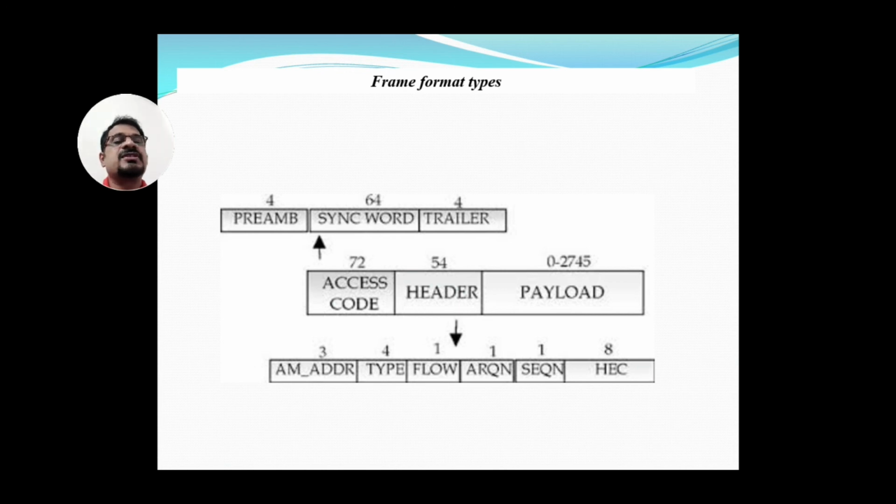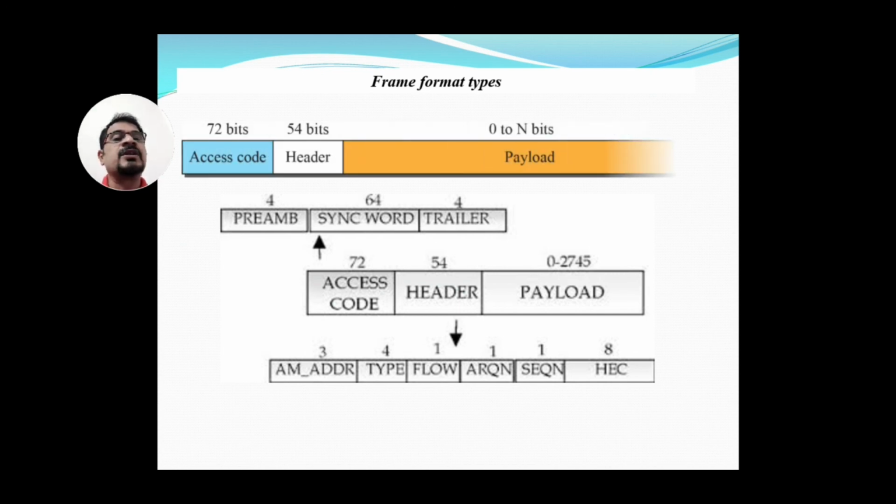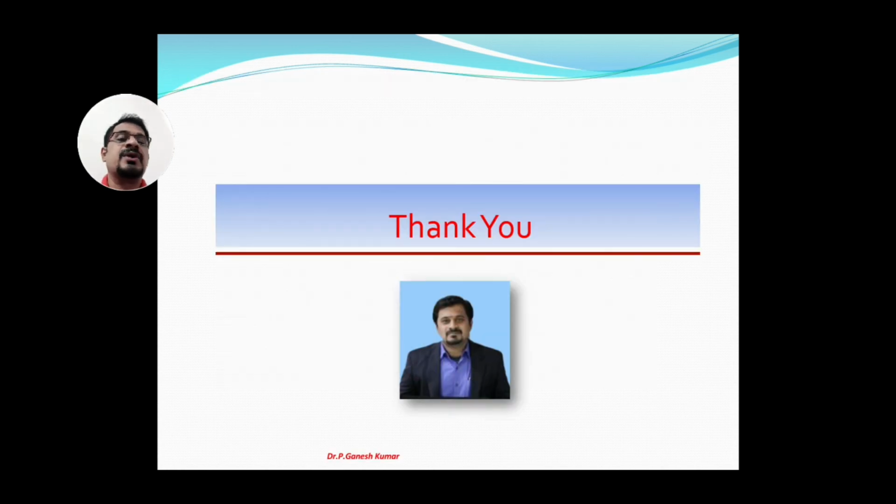Similarly it will have 3 sets, and then the original payloads are going to be there. So this is the Bluetooth frame format. The access code consists of a preamble, synchronization word, and trailer, and the header fields consist of address, type, flow control, ARQ and SEQN. Hope you understood the Bluetooth concept.